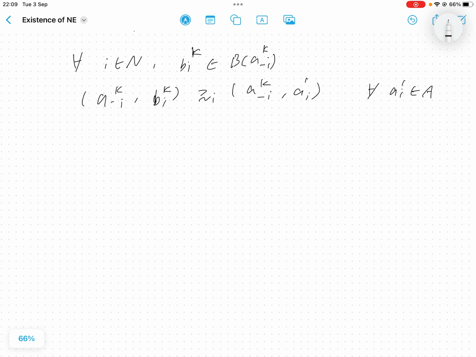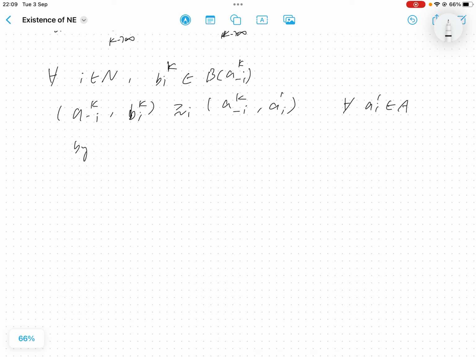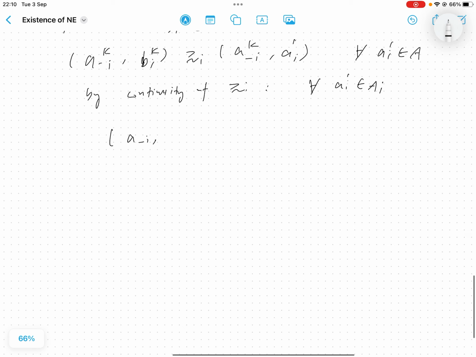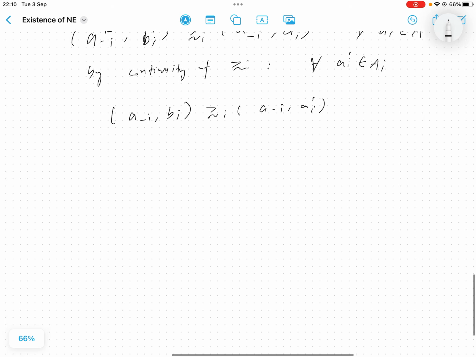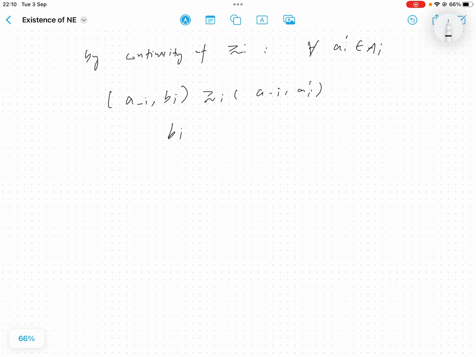So by the continuity of the preference relation, for any a_i' in A_i, which is fixed, we have that (a_-i, b_i) is weakly preferred to (a_-i, a_i'), right?